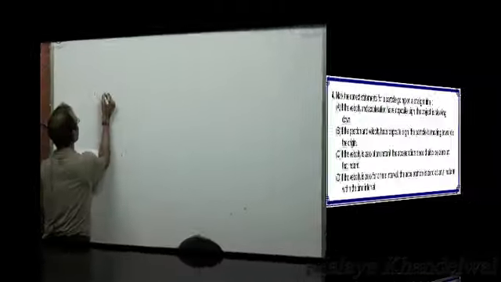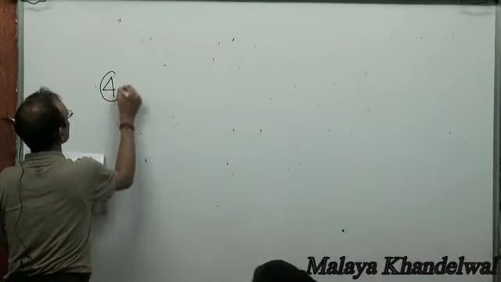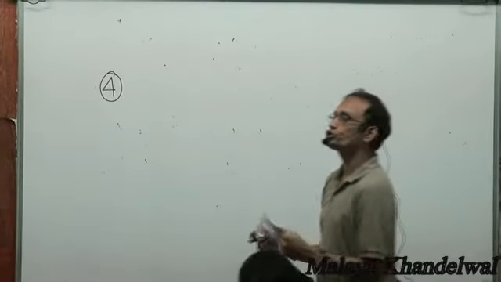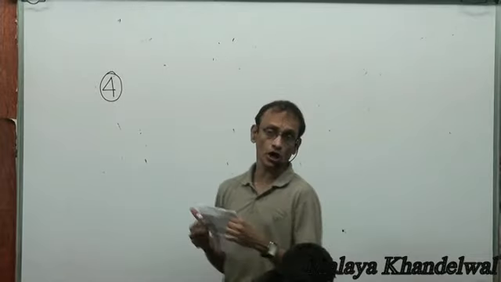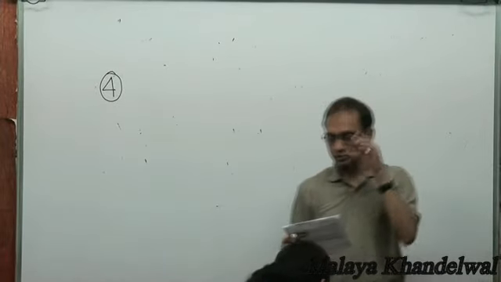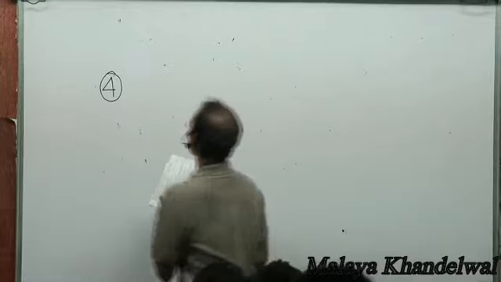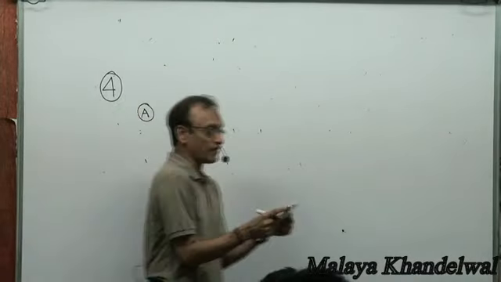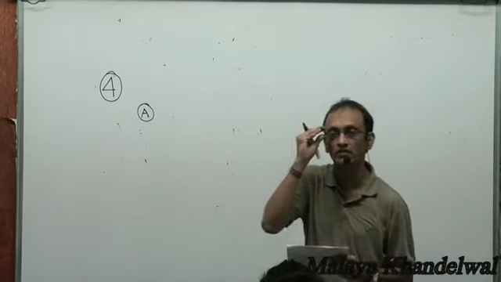Number 4. We want to choose the correct options from various options that are given. Option A: velocity and acceleration have opposite signs, the object is slowing down.